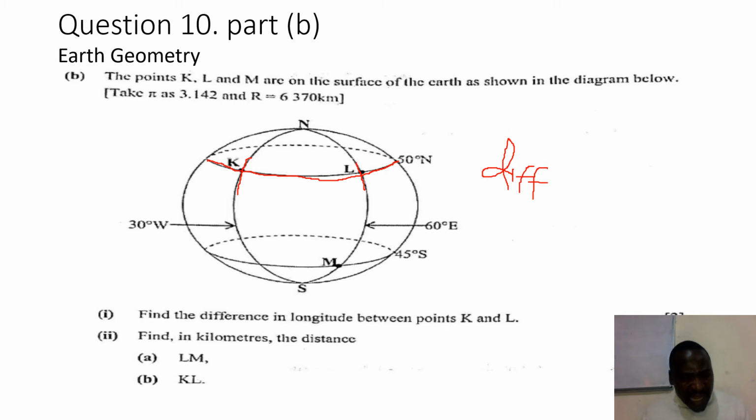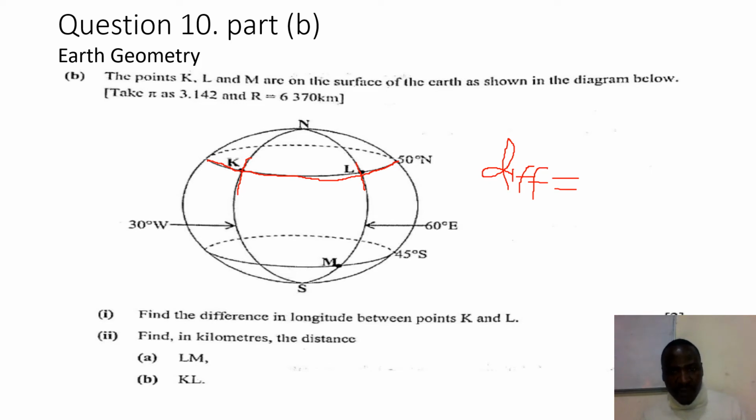This shows that the other point is on the west and the other one is on the east. And because they are on either sides of the prime meridian, the other one on the eastern side and the other point on the western part of the prime meridian, we need to add. If they are on the same side, we would have subtracted. But in this case, our difference will be found by adding.